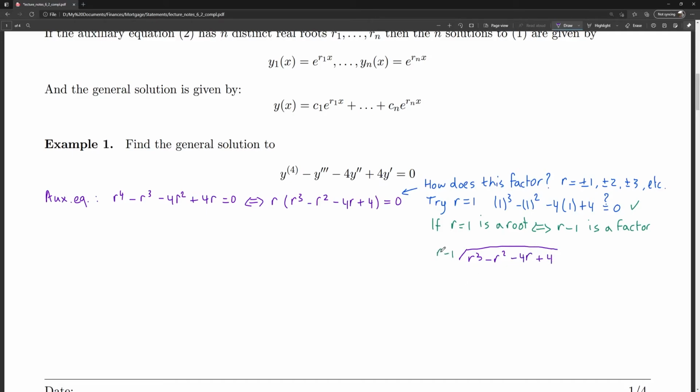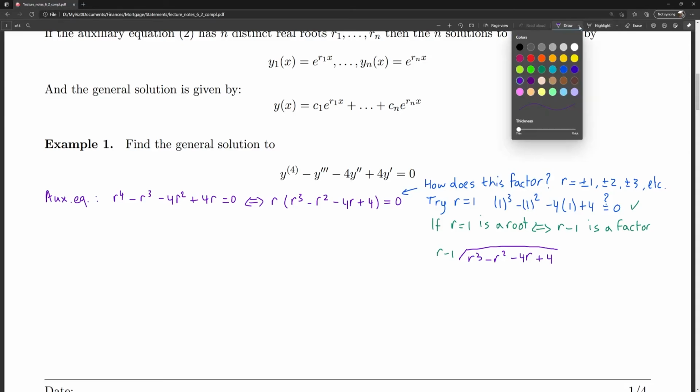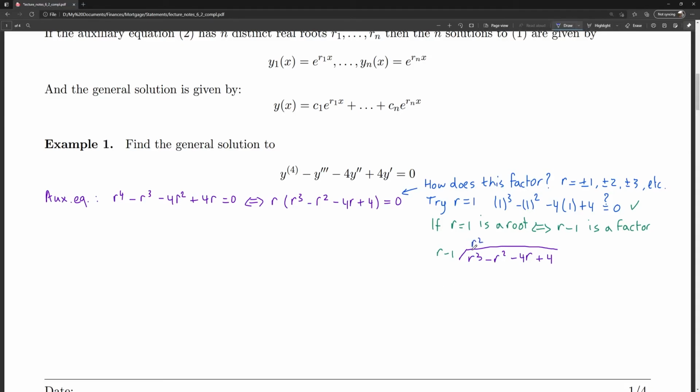And so we're going to just take a look at the first term here. We're going to look at how many times does r fit into r cubed. Well, that is r squared, because r squared times r equals r cubed.